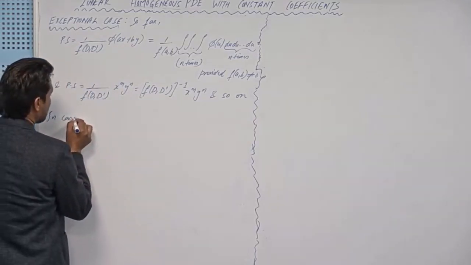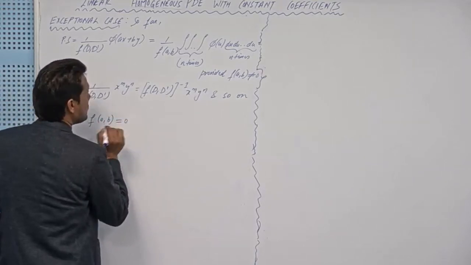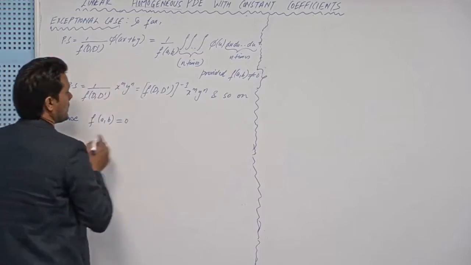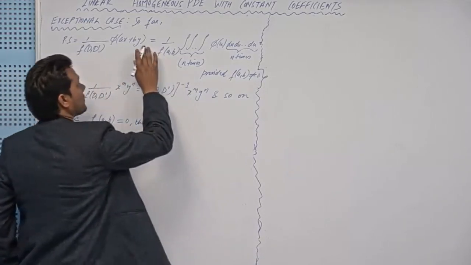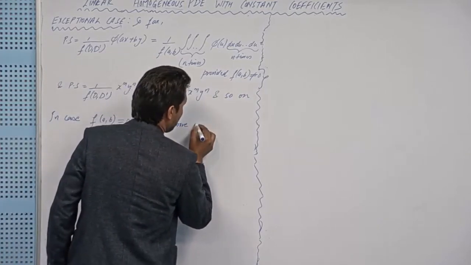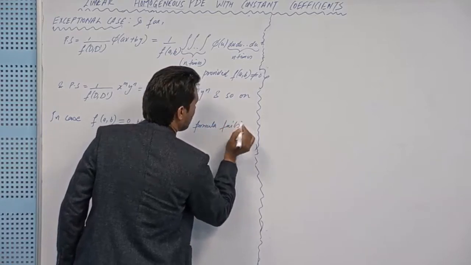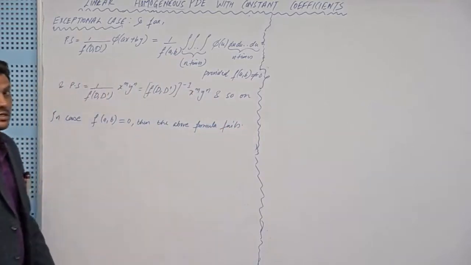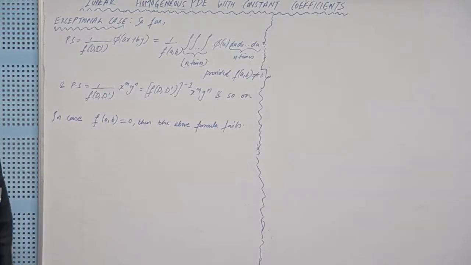In case f of a comma b equals 0 for this case, the above method or formula fails. Then we have to derive a new method to evaluate the particular solution in this case.